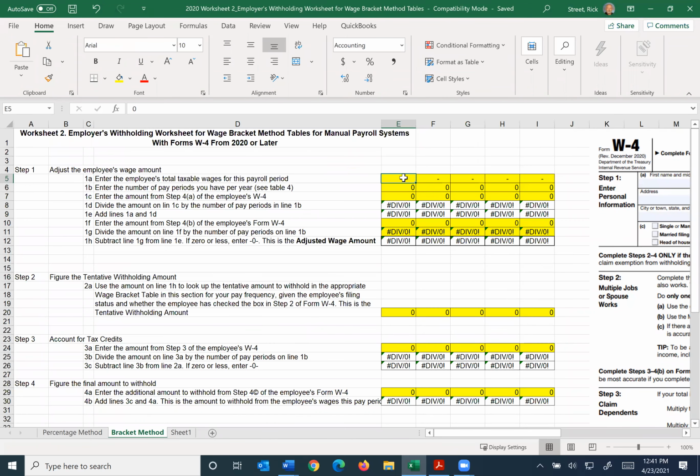Enter 768.24 and 52 pay periods for the year, weekly. It says enter the amount from step 4A. There were no entries from 4. There were no entries, line items 1A and D. If we can take a look at them over here.